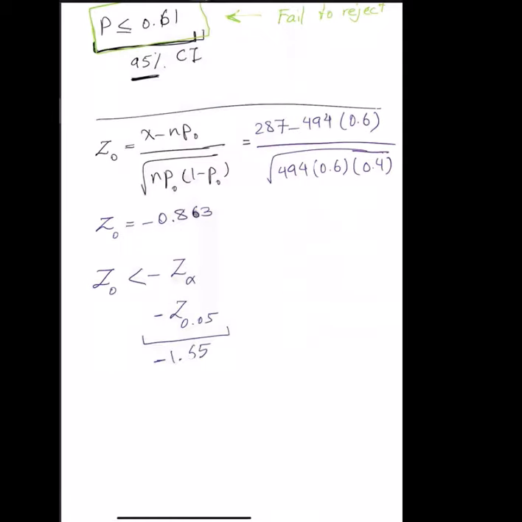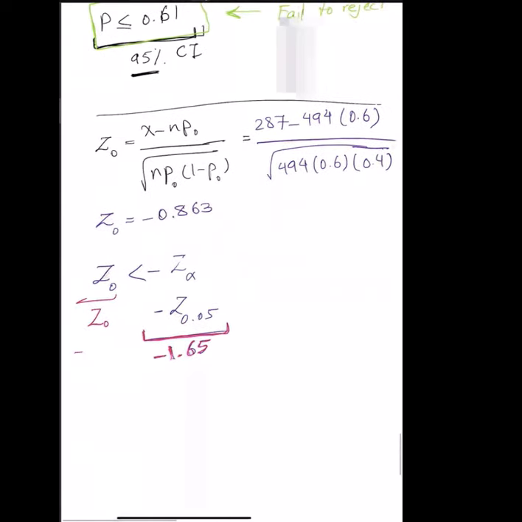This is the critical value. The value of the test statistic, Z naught, is minus 0.863.